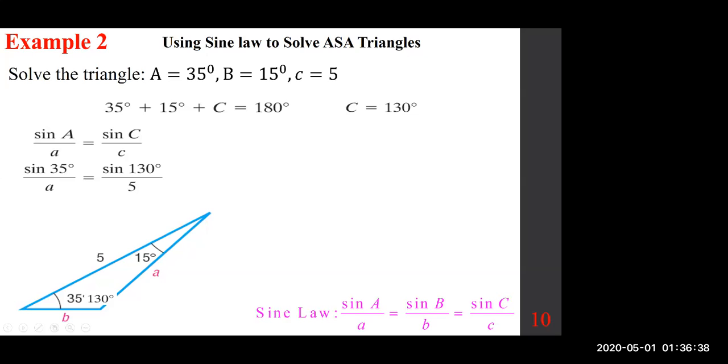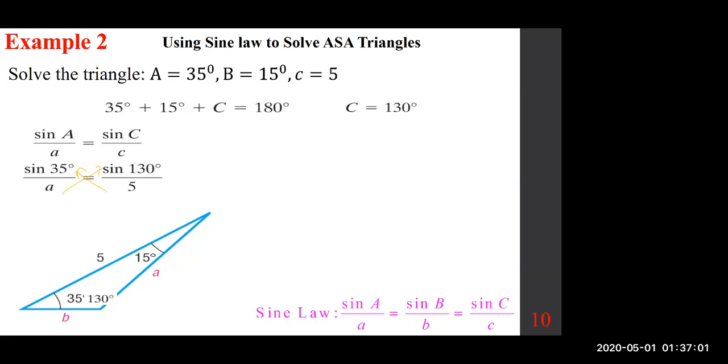Sine A over A equals sine C over C, okay? And we have just about everything except A that is missing. So you do the cross product, okay, class? You do the cross product.